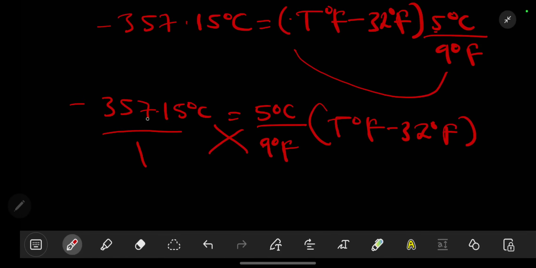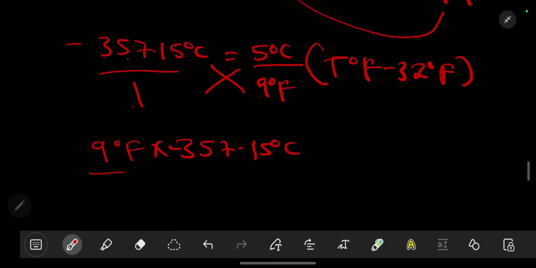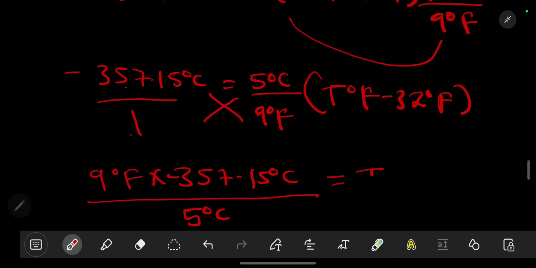We have 9 degrees Fahrenheit times negative 357.15 degrees Celsius. This 5 comes here, over 5 degrees Celsius, should be equal to the temperature in degrees Fahrenheit minus 32 degrees Fahrenheit.